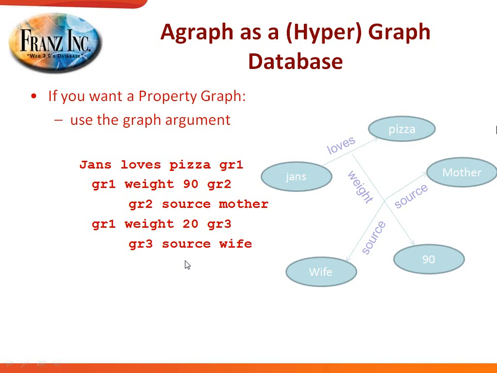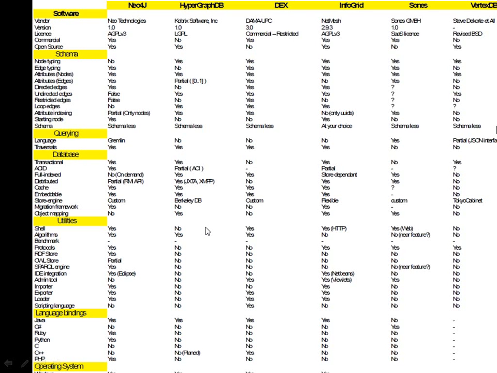Okay, so now let's look at a comparison between various graph databases. I recently saw this thing in a blog on the web, and I looked at this list, and I didn't see AllegroGraph in this list here on the top. I saw Neo4j and all the other ones, and I guess the one thing they have in common is that they're Java databases, and then there's a lot of things here.